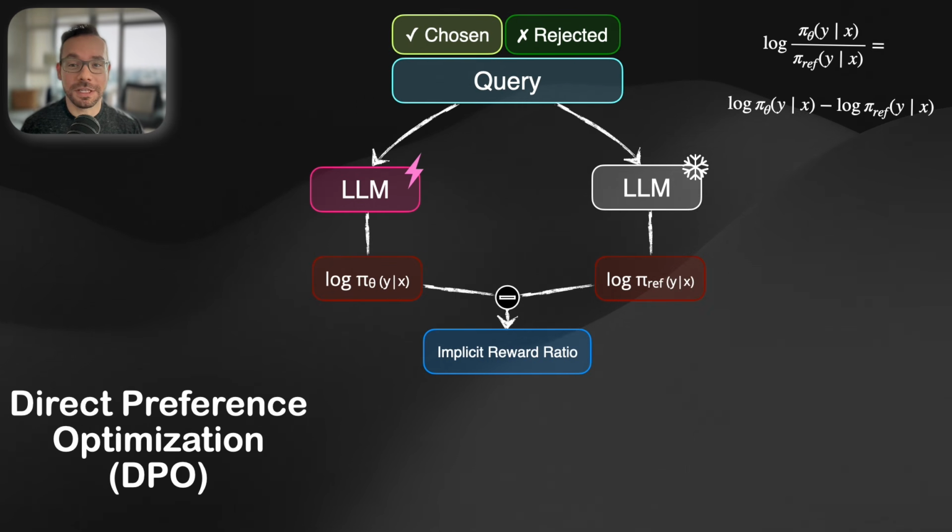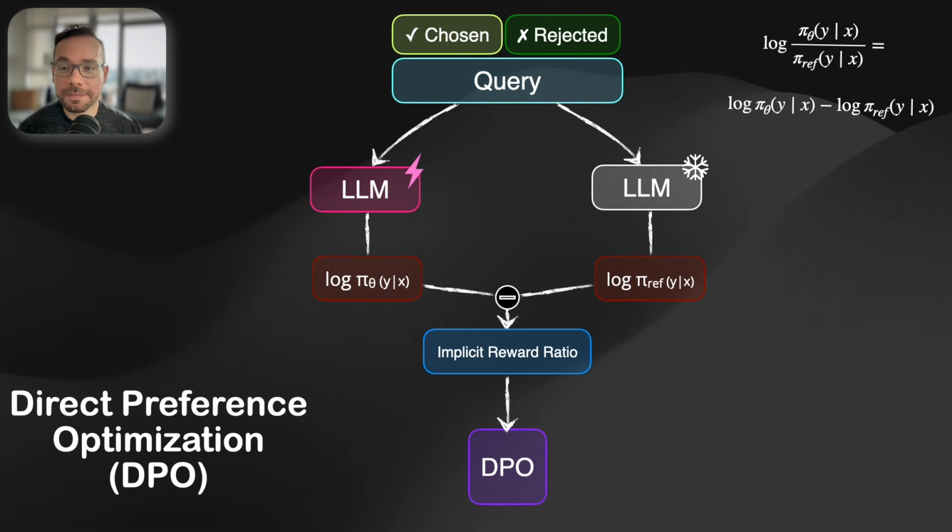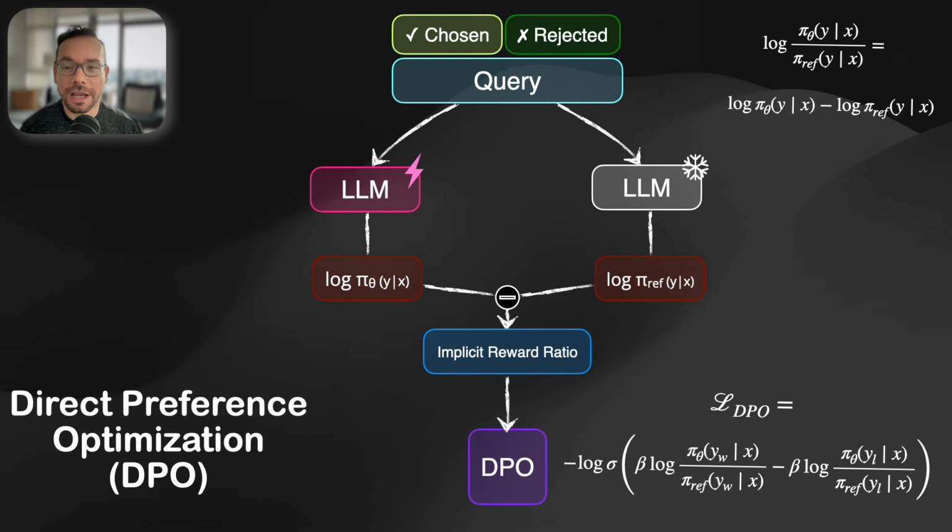Next is our DPO loss and optimization. We plug the implicit reward difference between winning and losing responses into our DPO loss, and also notice the negative sign in front of the loss. Our conceptual goal is to maximize the probability of preferring the chosen answer. But the standard optimizers minimize loss using gradient descent.